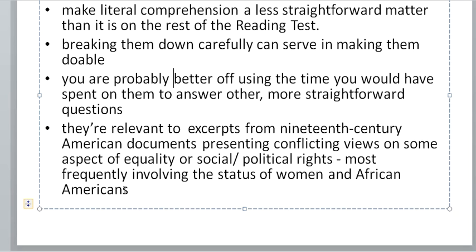It could be an independence declaration, or a speech on women's rights, or African American rights, or Native American people and their right to land ownership. So all of these topics pertain to American society.